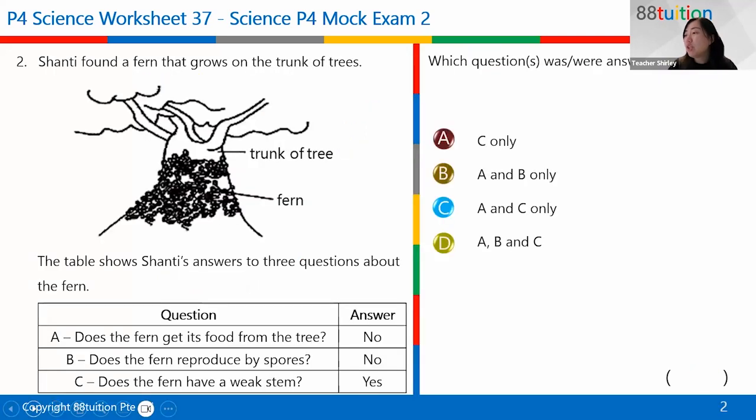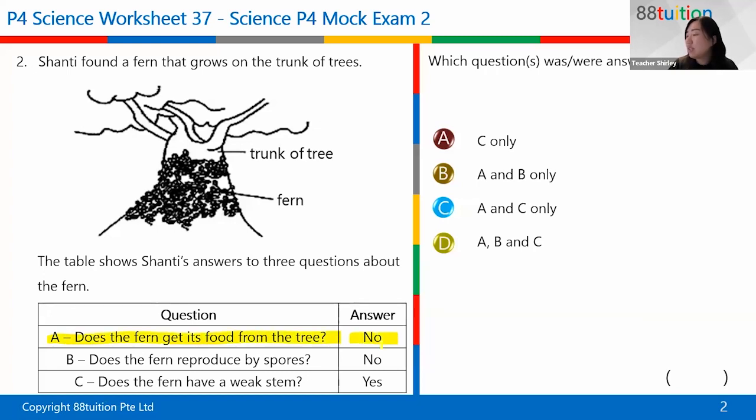Okay. Now, next question. Shanti found a fern that grows on the trunk of trees. The table shows Shanti's answers to 3 questions about the fern. Which question was or were answered correctly? Does the fern get its food from the tree? The answer is no. Can we just go through the first question first?